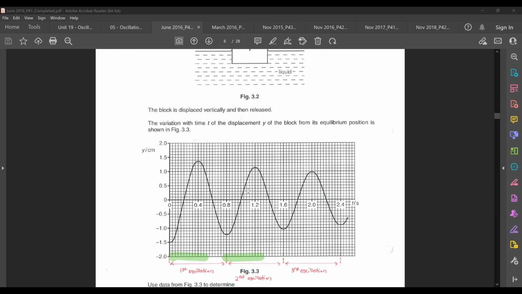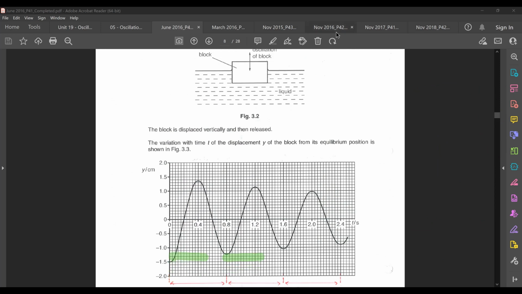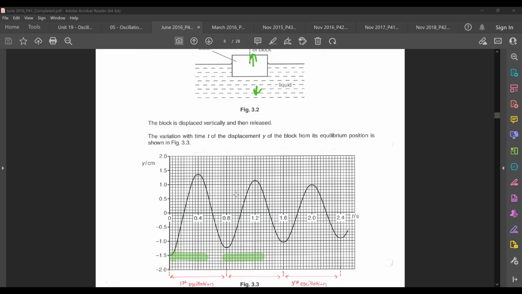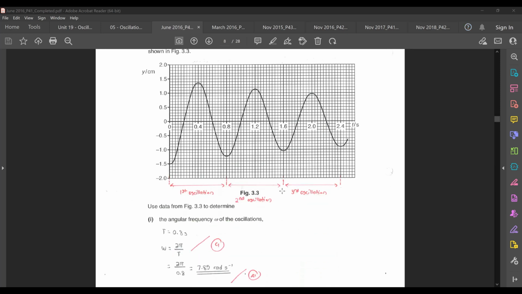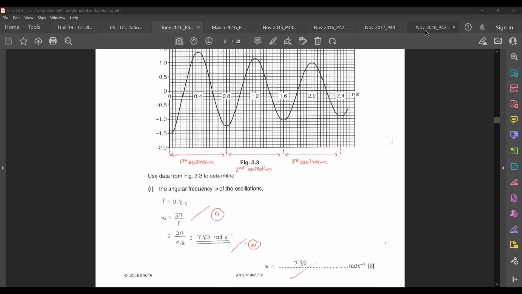All right, so your block is oscillating up and down, and they plotted a graph of displacement from equilibrium versus time. They then want you to find your angular frequency omega. So angular frequency is always going to be either 2 pi over T or 2 pi f. So you just find your period.